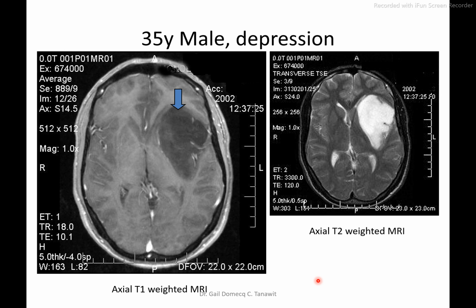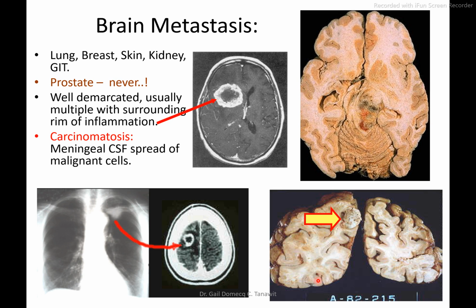So we have here a male patient having an MRI scan with T1 and T2 weighted images. And of course, this would be the lesion of interest. Since that's in the frontal area, the motor area is more affected.